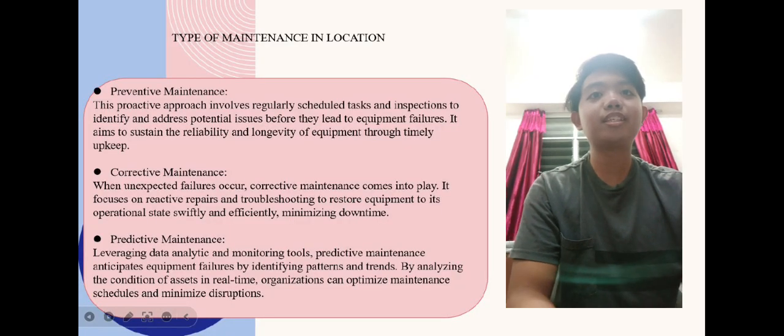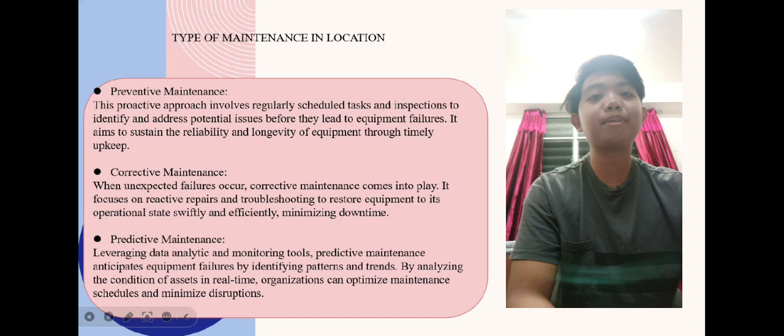Preventive maintenance. This proactive approach involves regularly scheduled tasks and inspections to identify and address potential issues before they lead to equipment failures. It aims to sustain the reliability and longevity of equipment through timely upkeep.